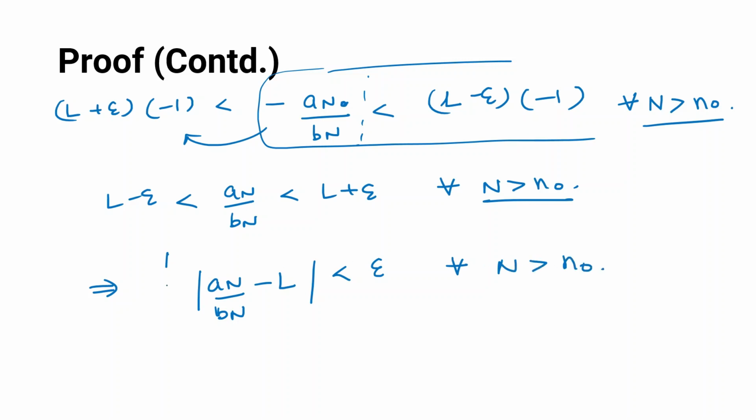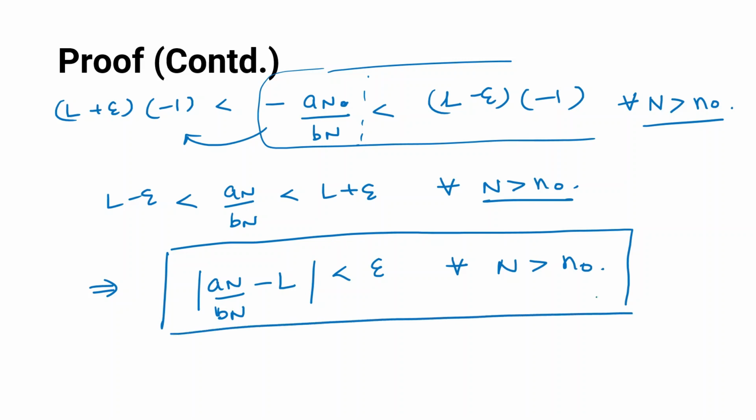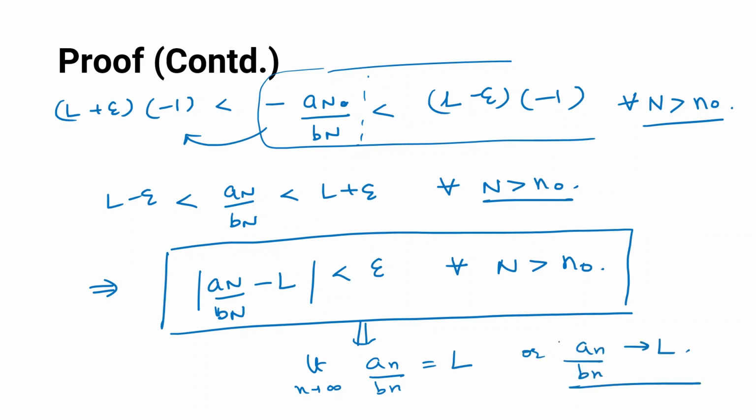But this is precisely the epsilon definition of the limit, right? So what this proves is that the limit of an by bn as n tends to infinity is equal to L, or you can say that an by bn tends to L. Okay, so here we have that.